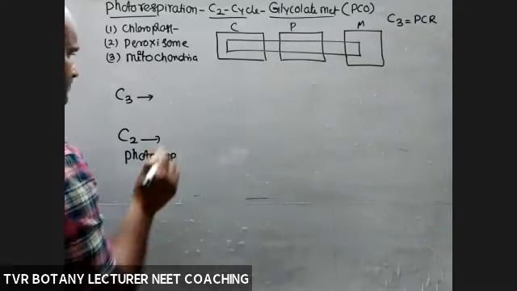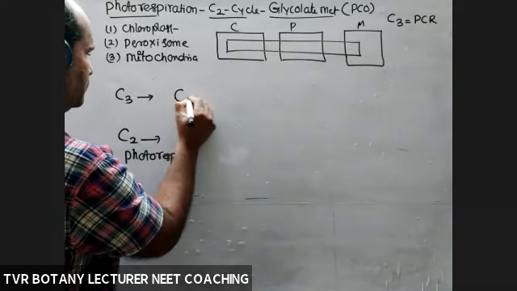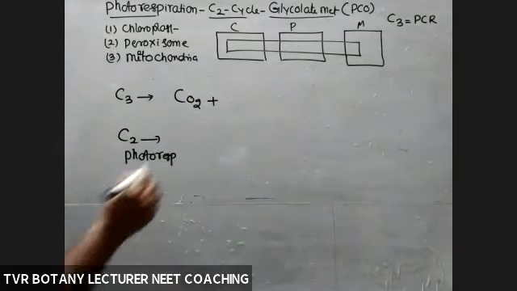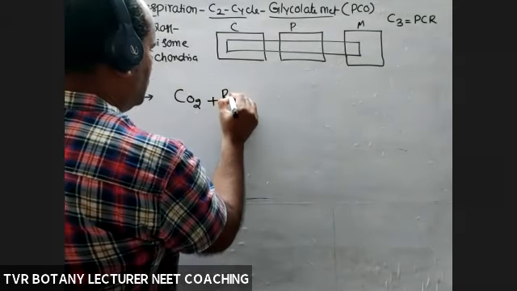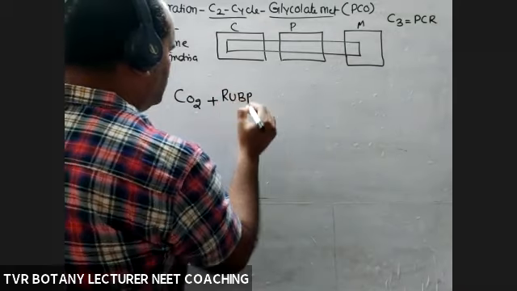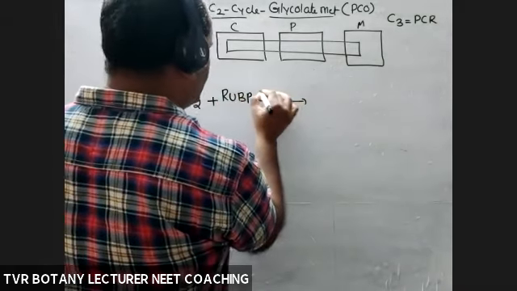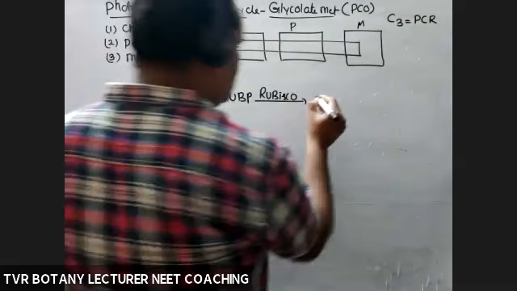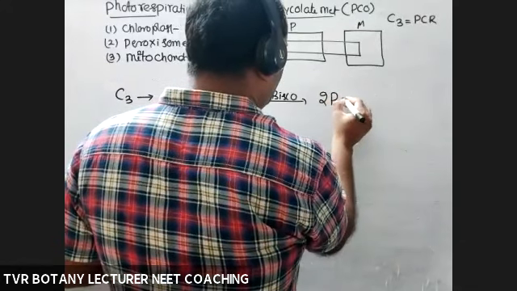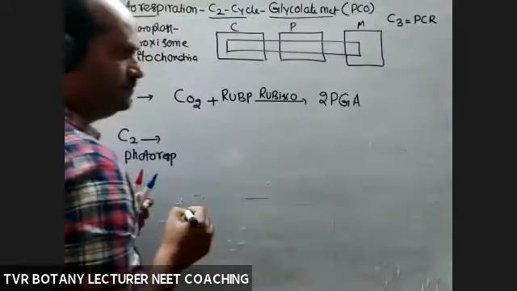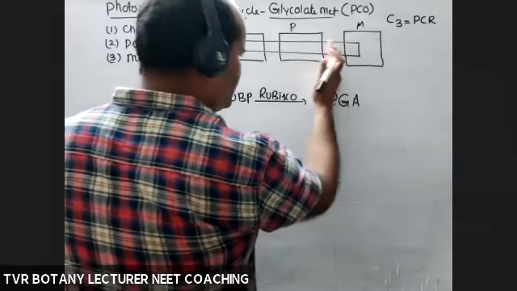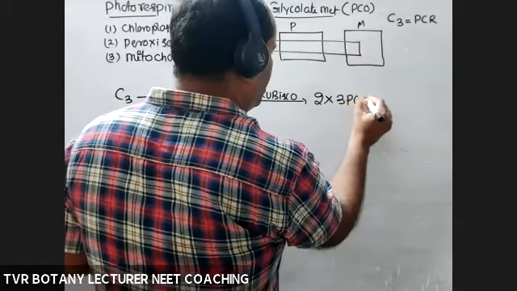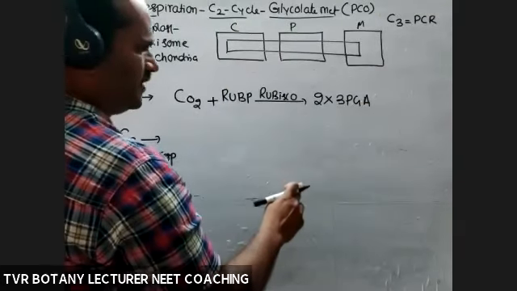If it is the C3 cycle, take one CO2. Next, one RuBP molecule and the same enzyme, Rubisco. Product: two molecules of 3-phosphoglyceric acid.